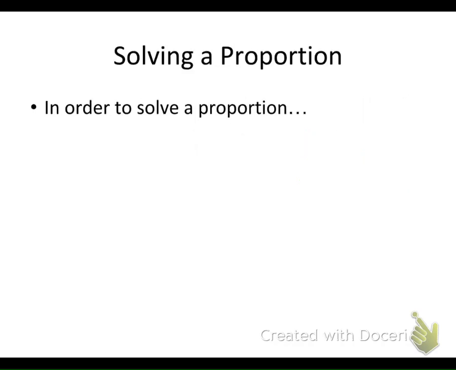So, we just talked about this. In order to solve a proportion, we're going to cross multiply. Now, if I have a proportion that's missing a number, think about what we did in our notes yesterday.